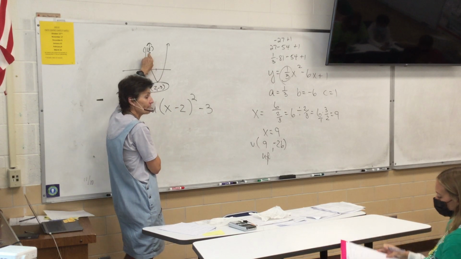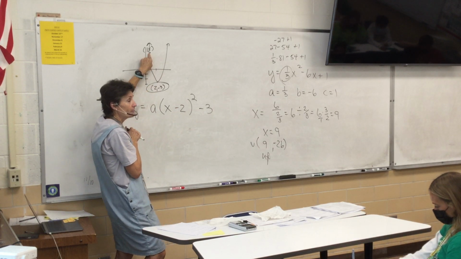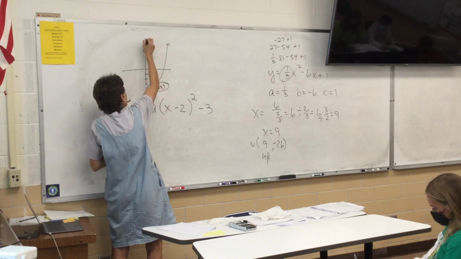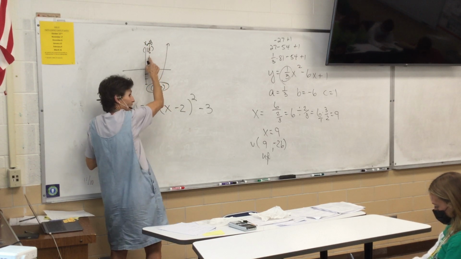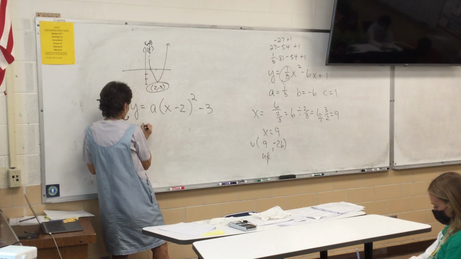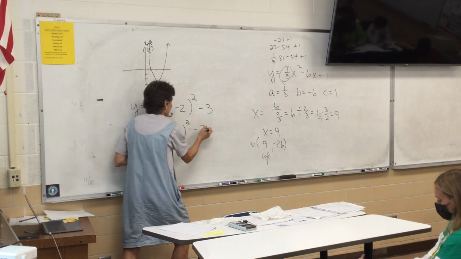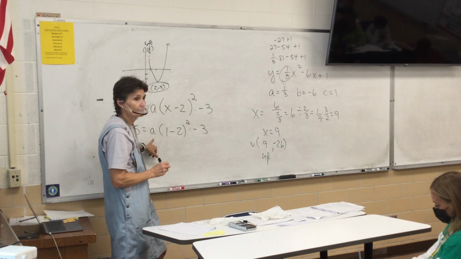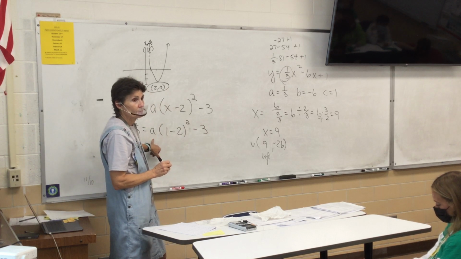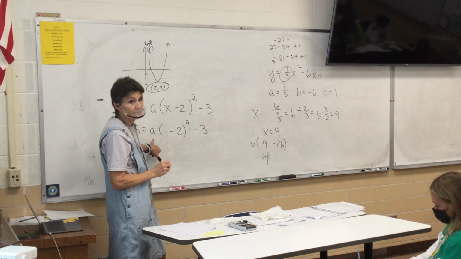How do you think I'm going to find that A? This is an X and this is a Y value. So I'm going to put 5 in here and 1 in here, and I'm going to solve for A. Does that make sense? Pretty easy.